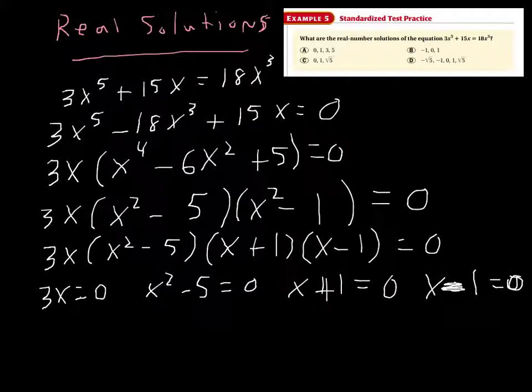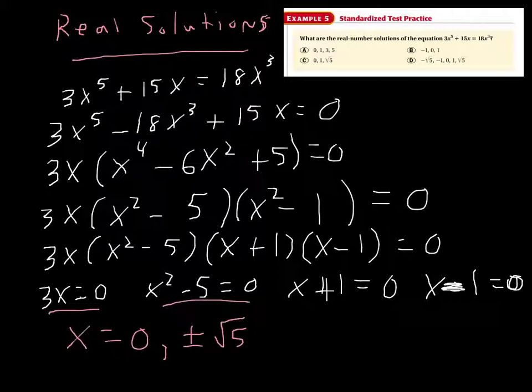And for our final answers, we have x is equal to 0 from the first set, plus or minus radical 5 from the second set, negative 1 from this set, and positive 1 from the last set.